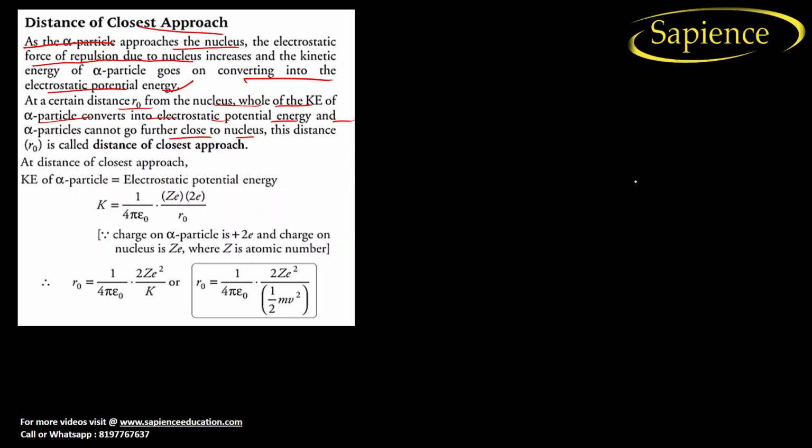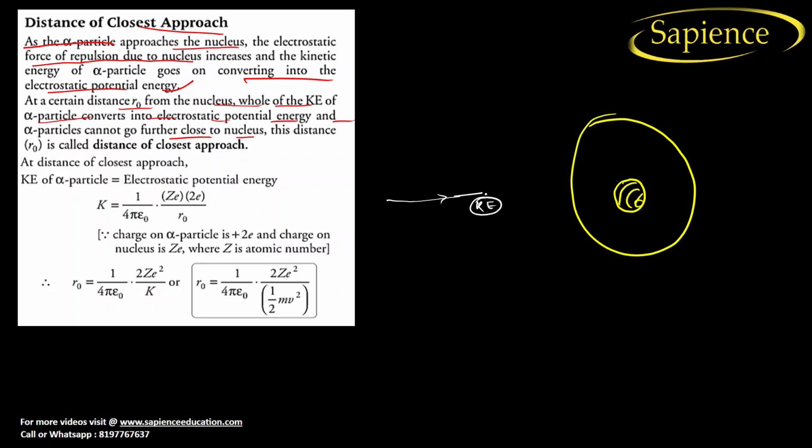Now let us consider this is your nucleus, and this is an atom, and let us consider an alpha particle is moving around it. So it has some energy that is considered as kinetic energy. What will happen?